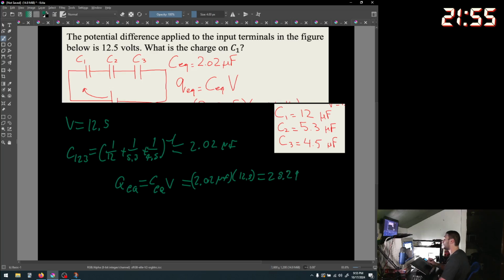And we know that the charge on any of these is the same as all of them. So I'm going to say Q1 equals 25.24 because all the Q's are the same.